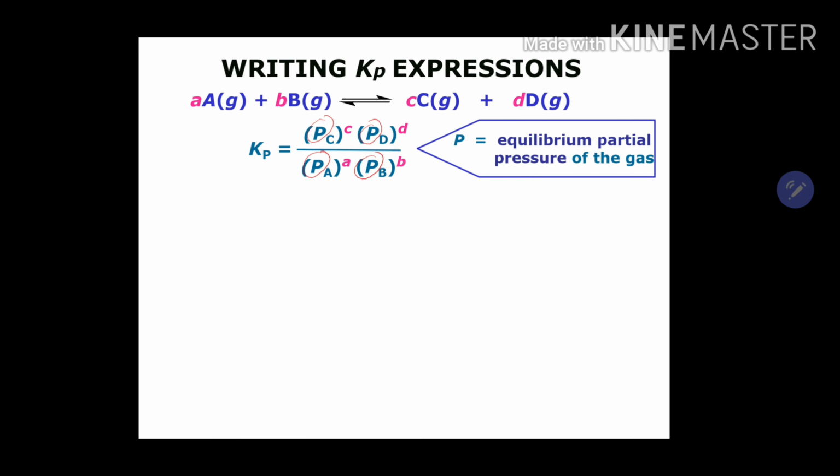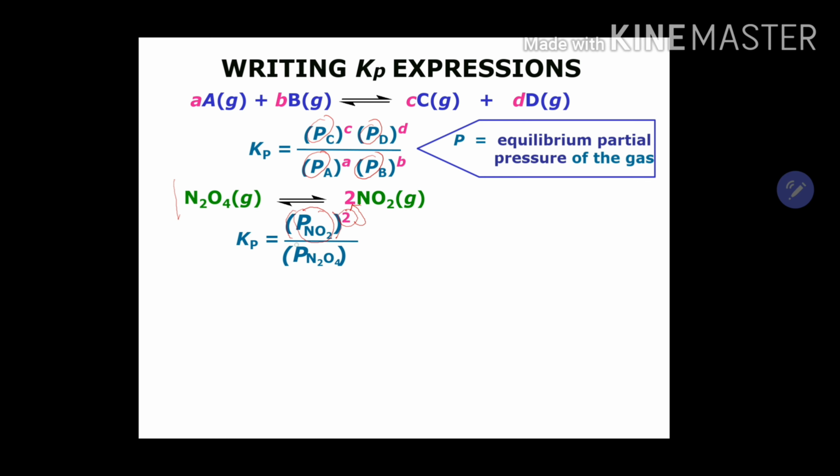For example, in the decomposition of 1 mole of N2O4 to 2 moles of NO2, it can be written as Kp equals the bracket PNO2, meaning the partial pressure of NO2, the product, to the power of 2. 2 is the coefficient of NO2, 2 moles NO2. Moles will become the power.